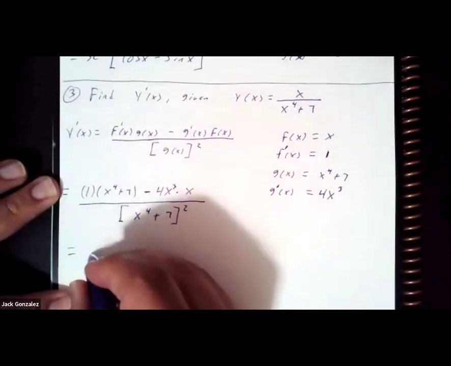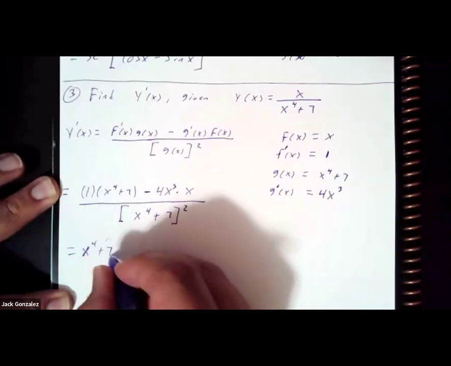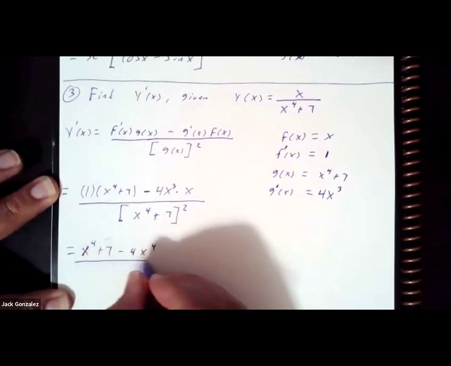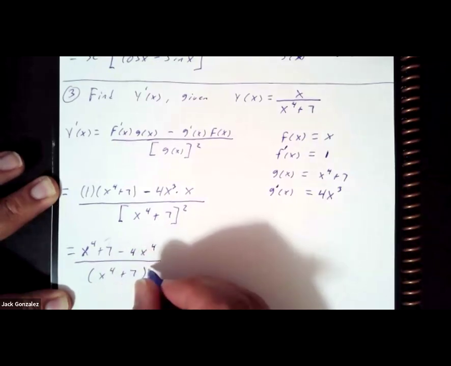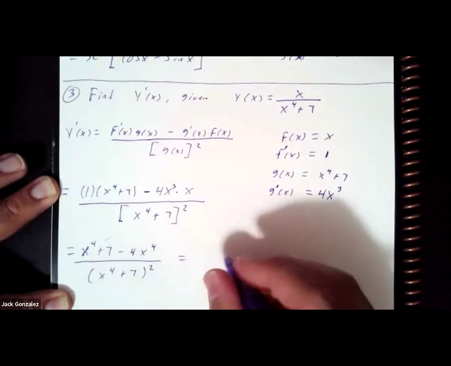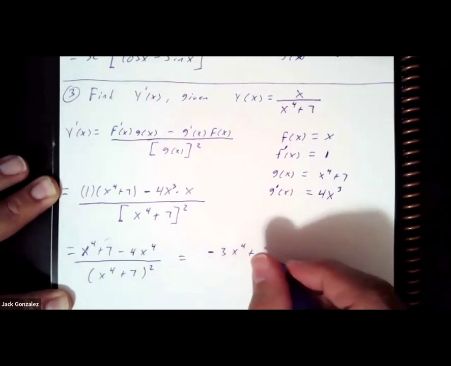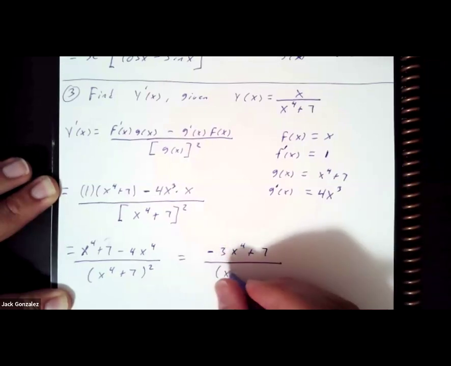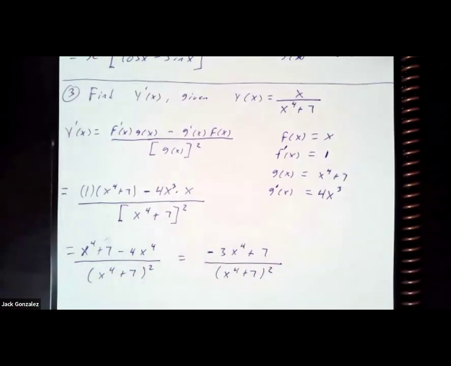This will be x to the fourth plus 7 minus 4x to the fourth over x to the fourth plus 7 squared, which is simply negative 3x to the fourth plus 7 over x to the fourth plus 7 squared. That's as pretty as it's going to get.